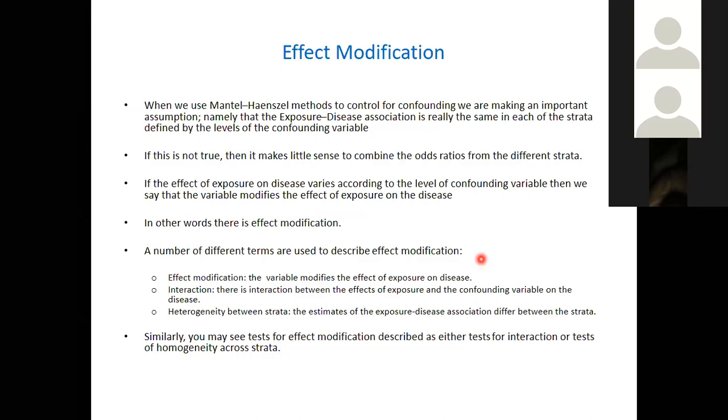For example, now you are studying the effect of alcohol on lung cancer, and tobacco smoking is a confounder. If you do your stratification, you analyze separately the association between alcohol and lung cancer for the smokers, and you do it separately also for the non-smokers.